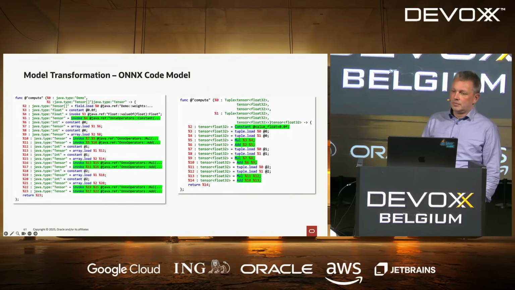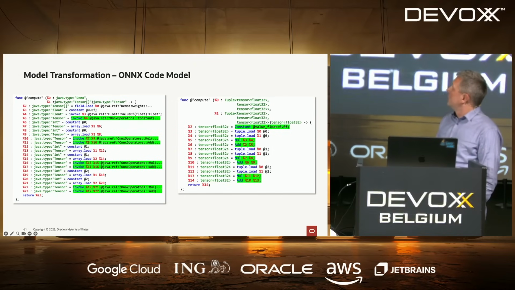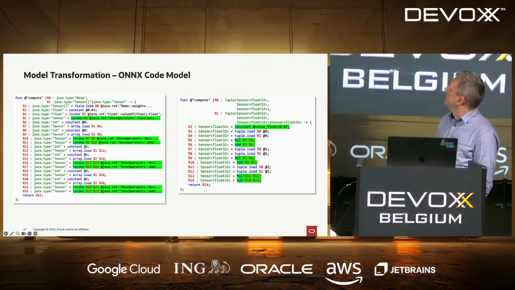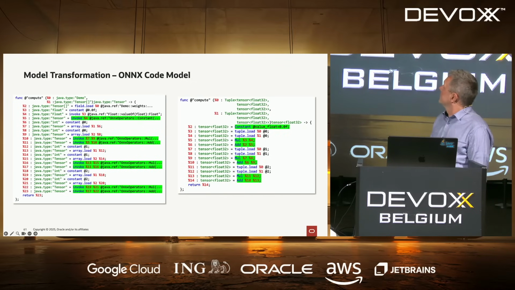All the ONNX Java API operator method invocations are transformed to the corresponding constant. So the way we generated it is the way we transform it back. From an ONNX operator constant method, you get a constant operator, and the attributes are appropriately set for that. So constant gets the value float attribute 0.